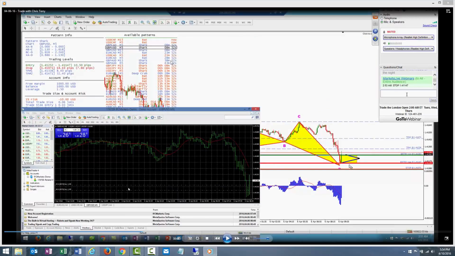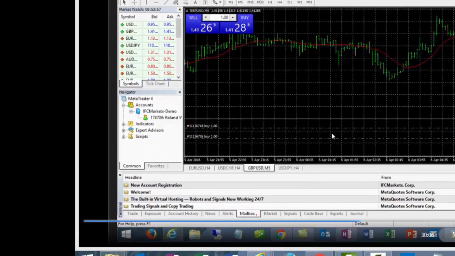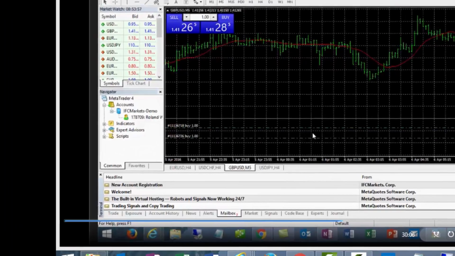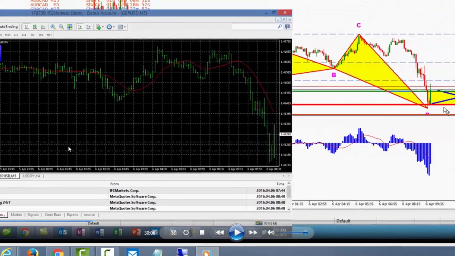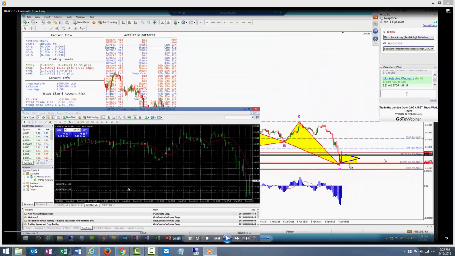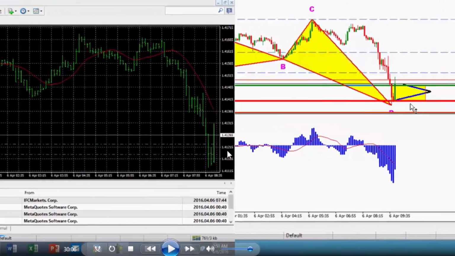It doesn't have the harmonic scanner plug-in. But I was able to pull up the pair and enter orders. These are the two orders: I bought at this price, and I bought at this price. It shows the price right here.